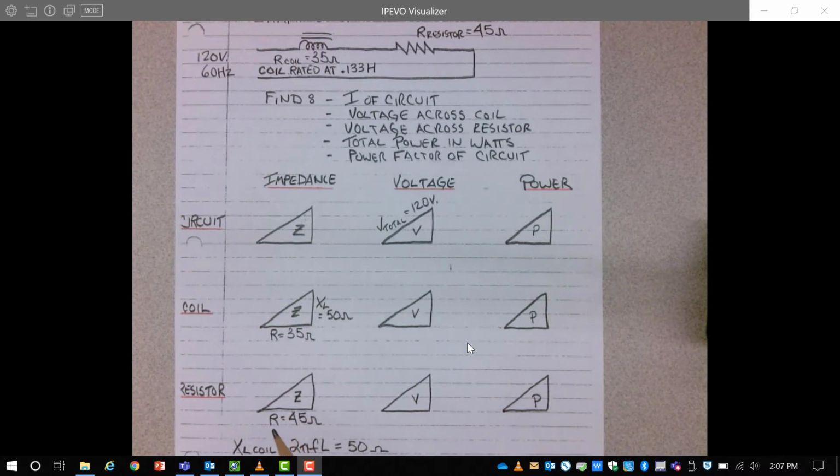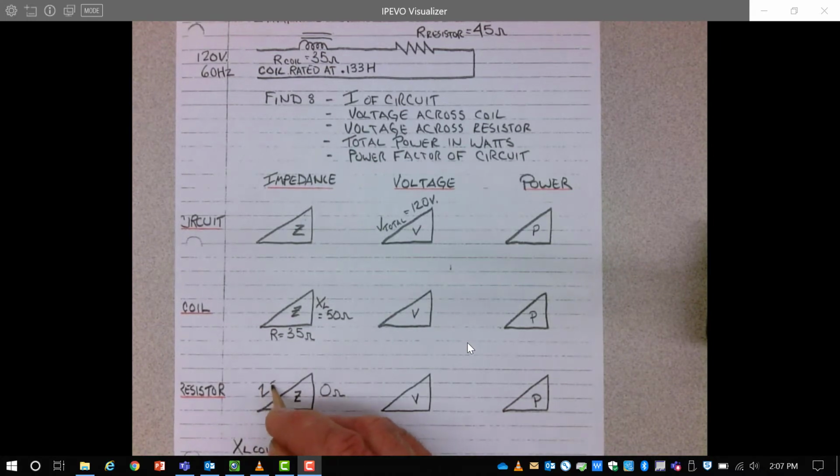We also know that the impedance, or the resistance of the resistor, is 45 ohms. It goes on this triangle. And one thing to note about the resistor as well is the inductive reactance of a resistor, if it's a pure resistor, there is 0 inductive reactance. So the impedance or resistance of a resistor are exactly the same value.